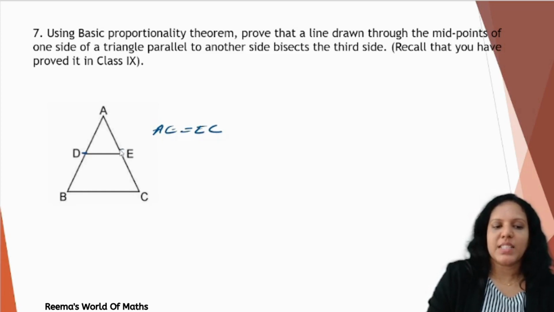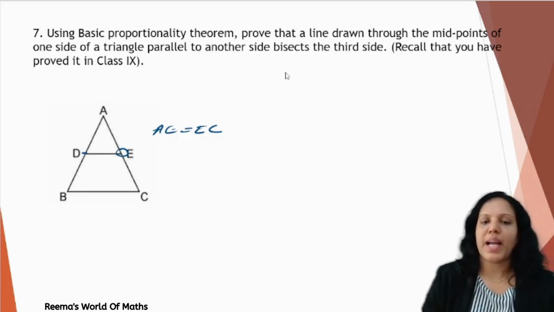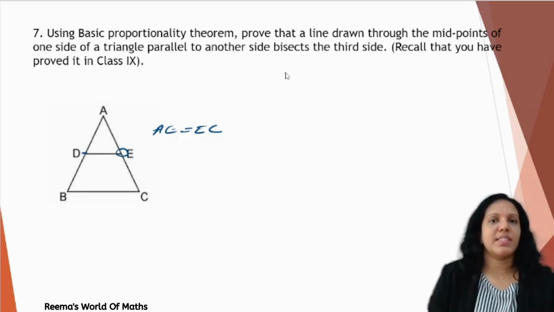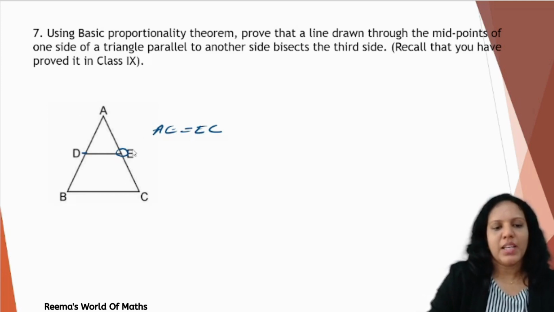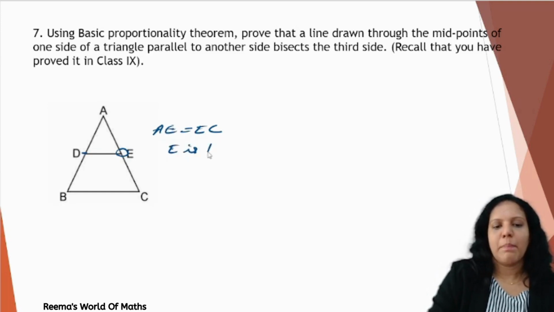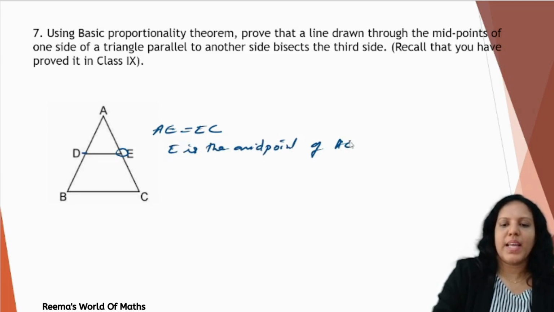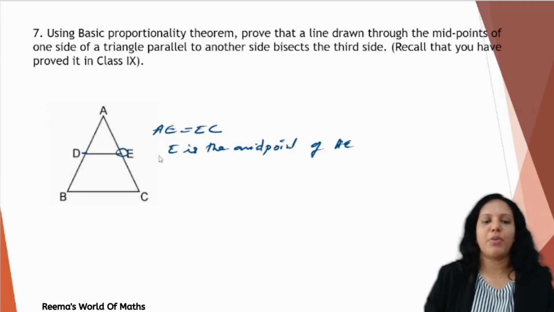That means E is the midpoint of AC, which shows that the line bisects the other side. Bisect means it divides the side equally. So if E is the midpoint, then it divides AC equally. So we need to prove AE equals EC, or E is the midpoint of AC.